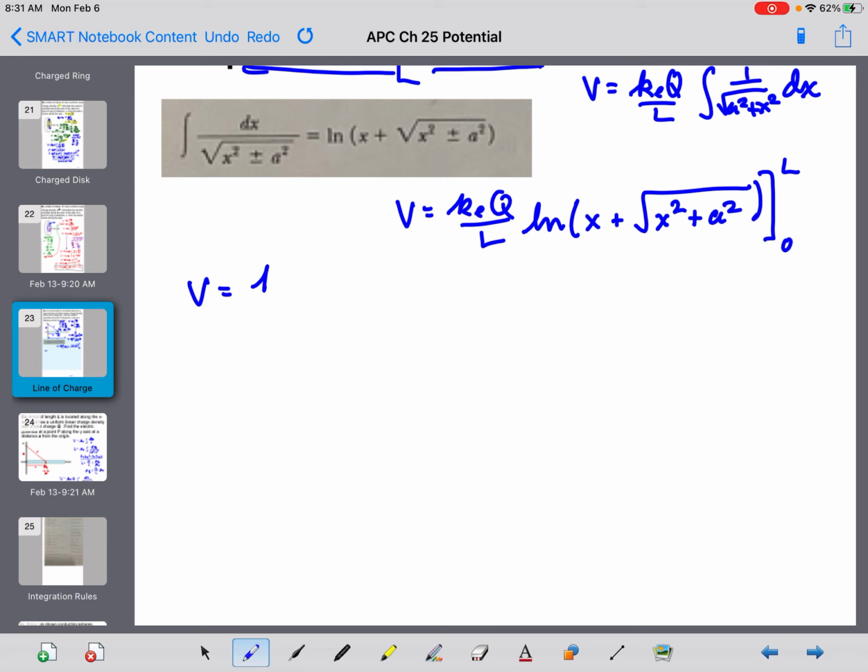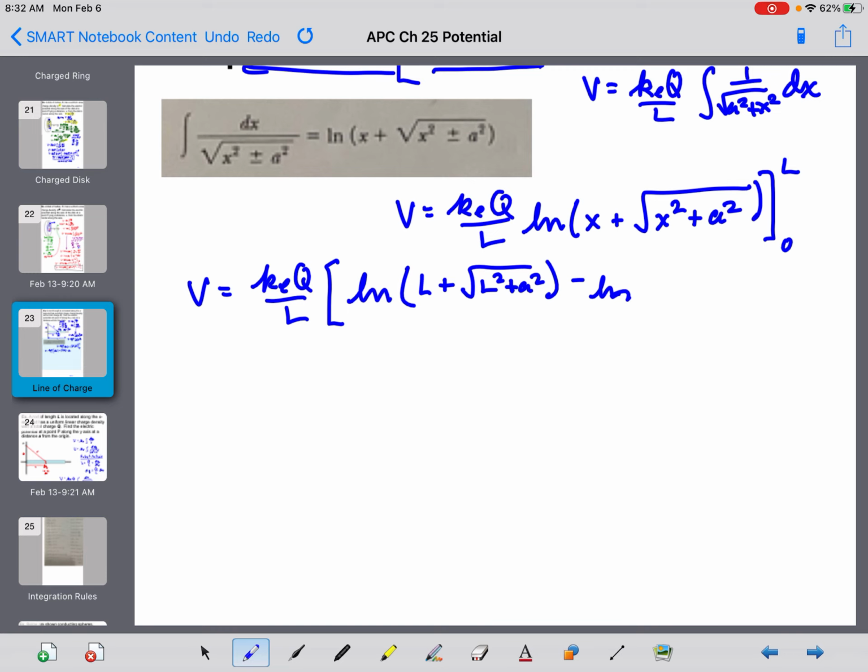So we plug in our endpoints of integration. V is equal to k sub e Q over L natural log of L plus the square root of L squared plus a squared, minus, now plugging in zeros, natural log of 0 plus the square root of 0 squared plus a squared.